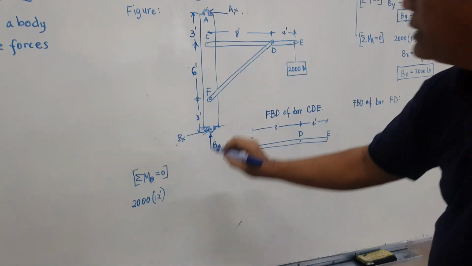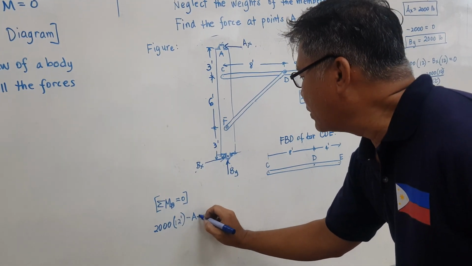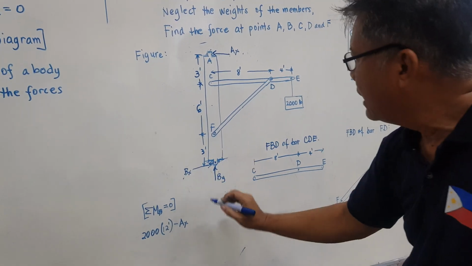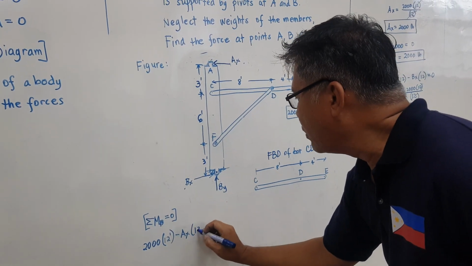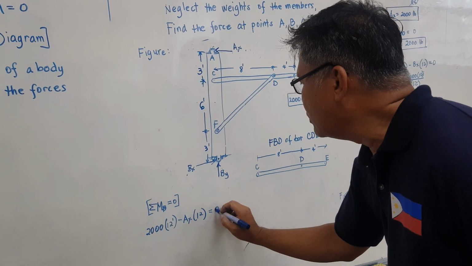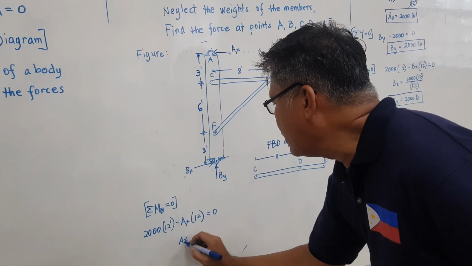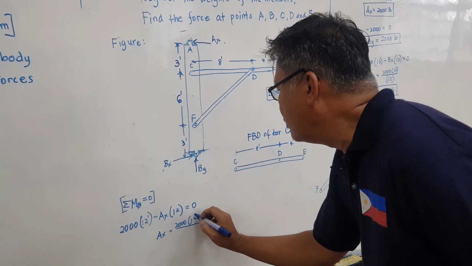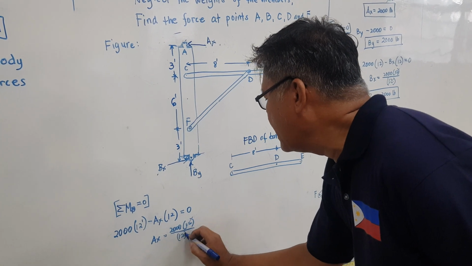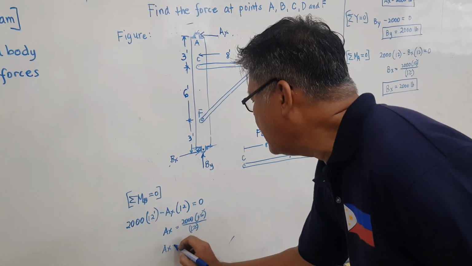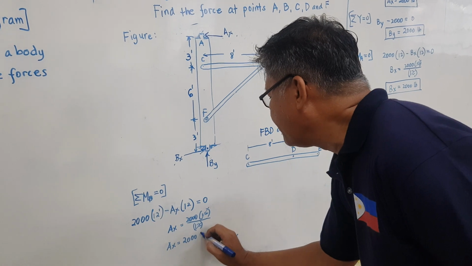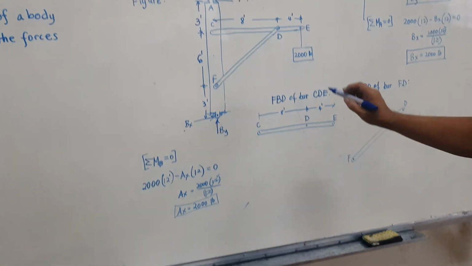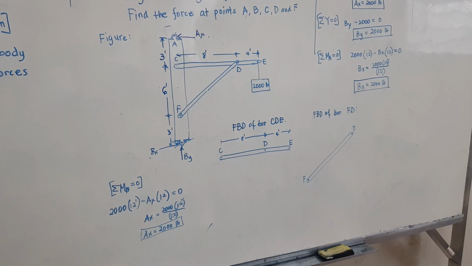Then we have Ax as the support, that is negative because it will produce a counterclockwise direction on point B, and the distance is 12. And that is equal to 0. So Ax can be computed, that will be equal to 2,000 times 12 over 12, and this one will cancel out. So Ax is equal to 2,000 pounds.